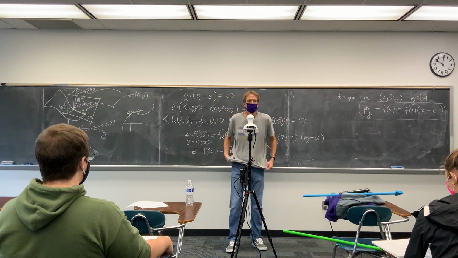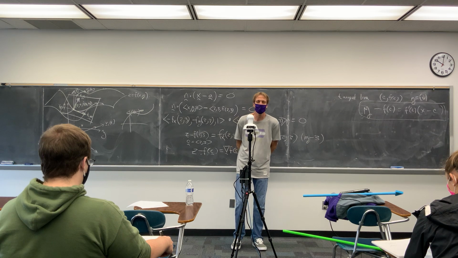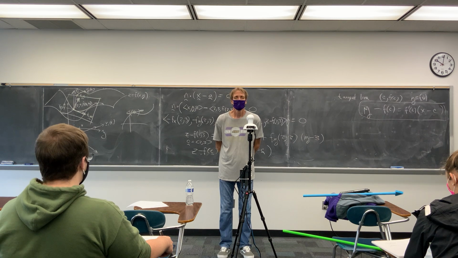Close your eyes, you can leave with this. What's the equation of the tangent plane, tangent to the point 2, 3, f of 2, 3? z minus f of 2, 3 equals the partial derivative of f with respect to x at 2, 3 times x minus 2.